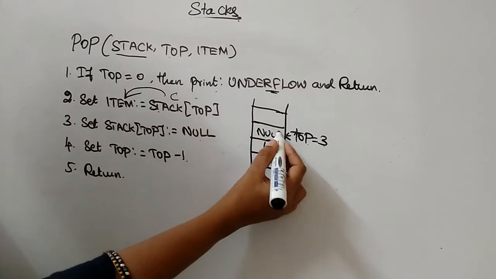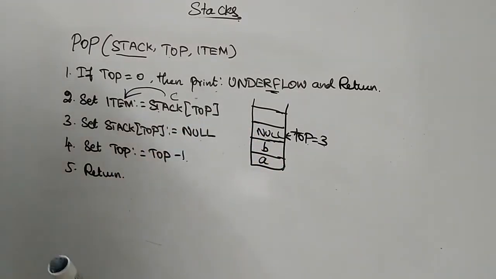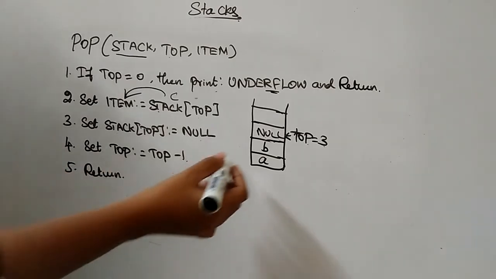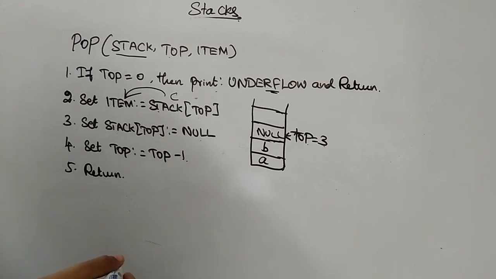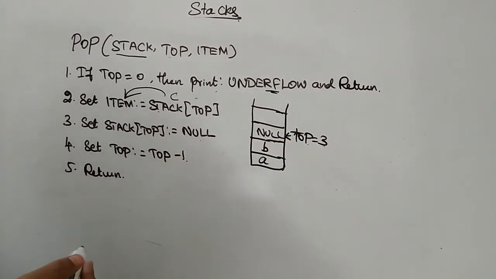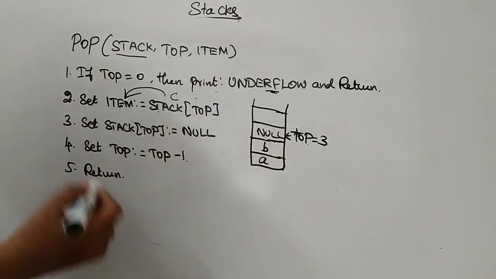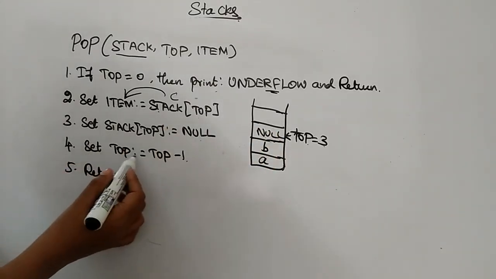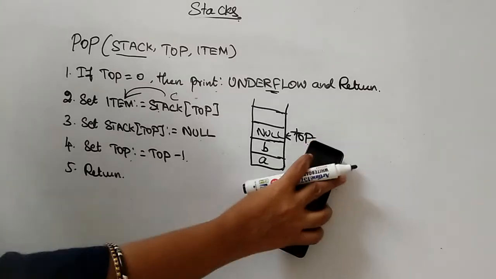That means there will be no value in this memory location. After doing this, once the pop operation is done, we can decrement the pointer top. That's why I have written top := top - 1.